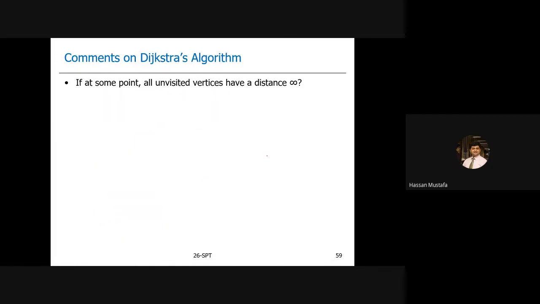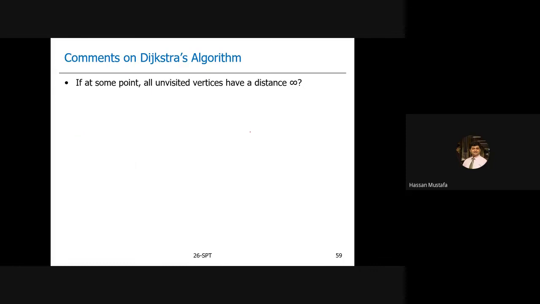What I want to discuss here are some comments on the Dijkstra algorithm. If I see that the cost of all the remaining vertices in the priority queue is infinity, what does this represent? It means that I have processed some part of the graph, and I have maybe two or three vertices left in the queue, but the cost of all these vertices is still infinity.